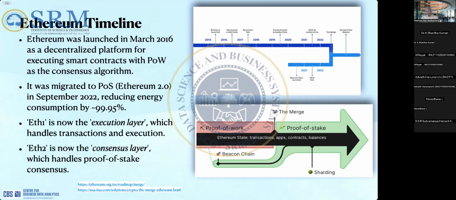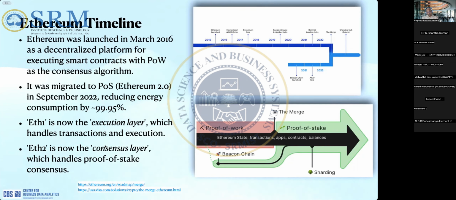And so at this point of time, the merger happened, right? They tried to keep the whole Ethereum state. That means the transactions, blocks, and all other things which happened previously before the merger were intact. They were not touched, right? So that's why Ethereum 1, which is called the execution layer, handles the transactions and the execution and things like that.